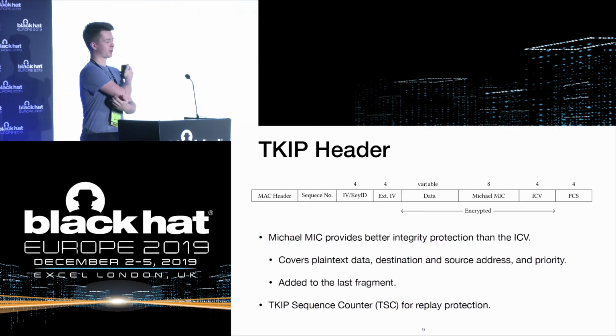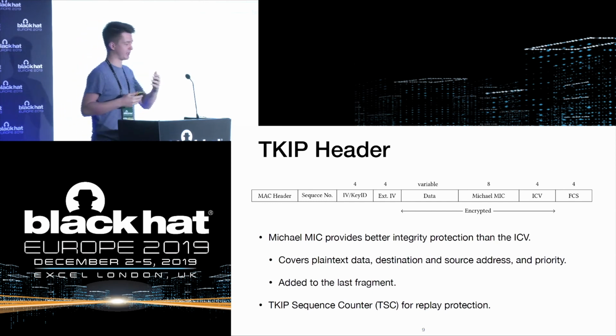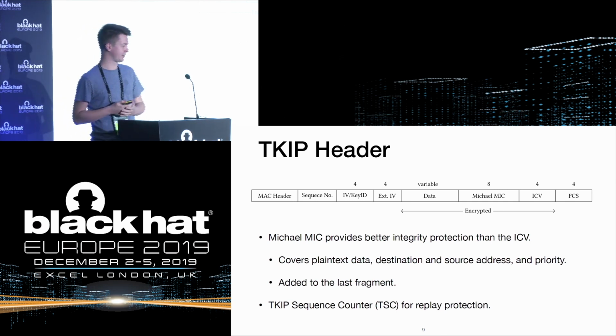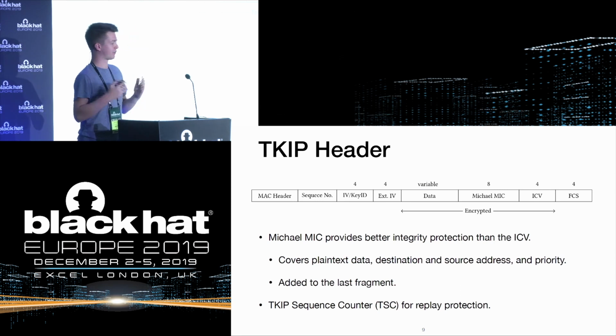So the TKIP protocol provides better integrity protection than its predecessor, which was WEP. In order to achieve this, it added a MIC, which is an integrity check value. And this covers not only the plaintext bytes, but also the source and destination MAC addresses.